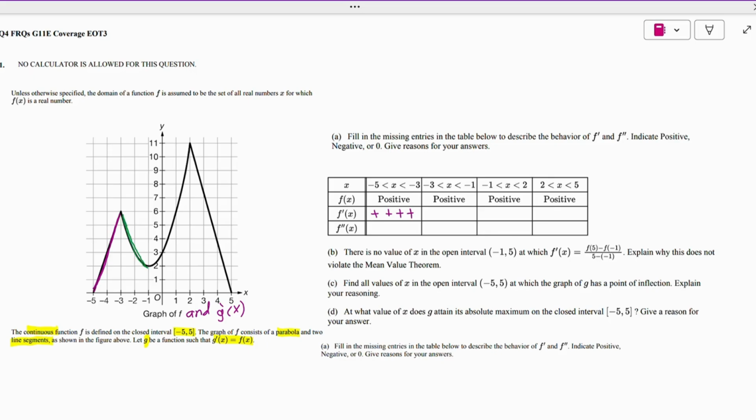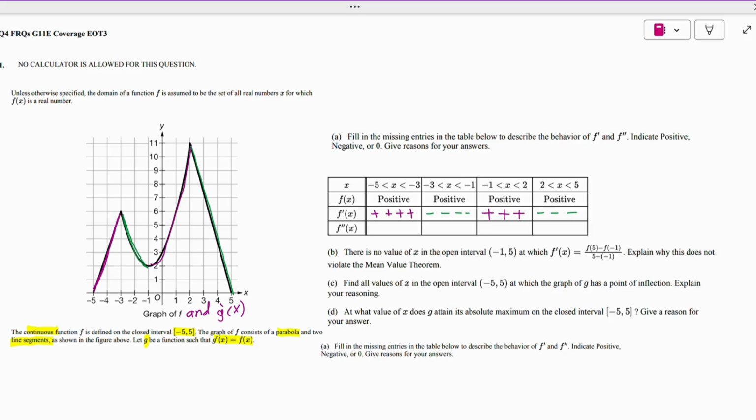That means the derivative will be negative. And then after that, from -1 all the way to 2, it's going up. That means it's positive. And from 2 to 5, f is going down. That means it is decreasing. That means the derivative will be negative.